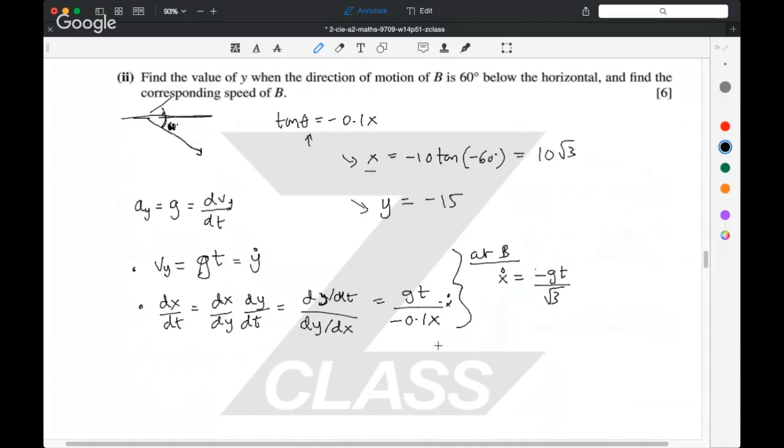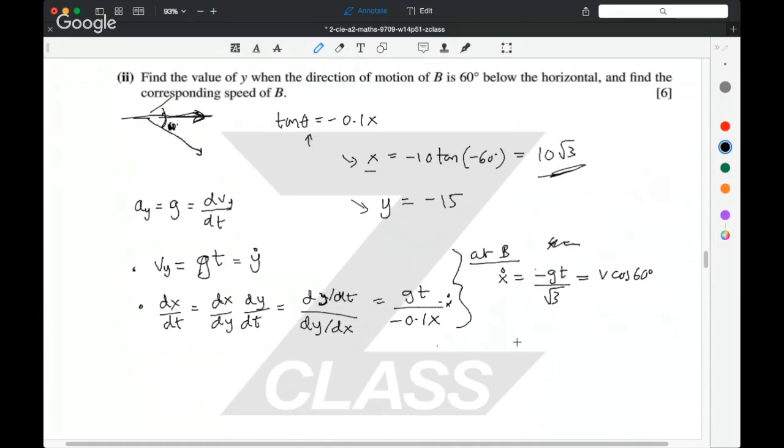This is also equal to v cosine of 60 degrees, which is the x component of our velocity at this time.